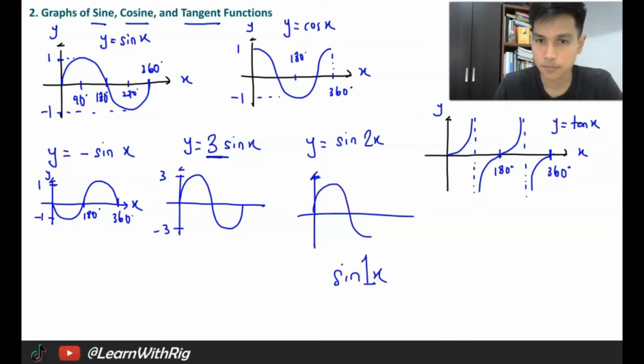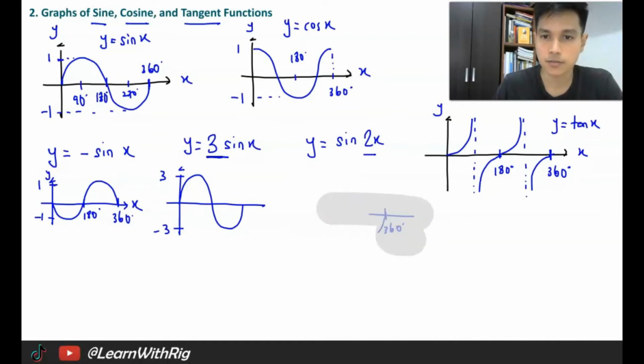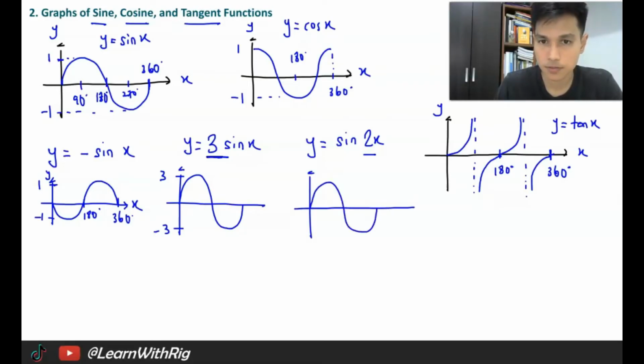So here, one cycle, this is 360, 180, correct? But if it's 2x, that means there are 2 cycles within the 360. So it looks like this. One cycle and another cycle.